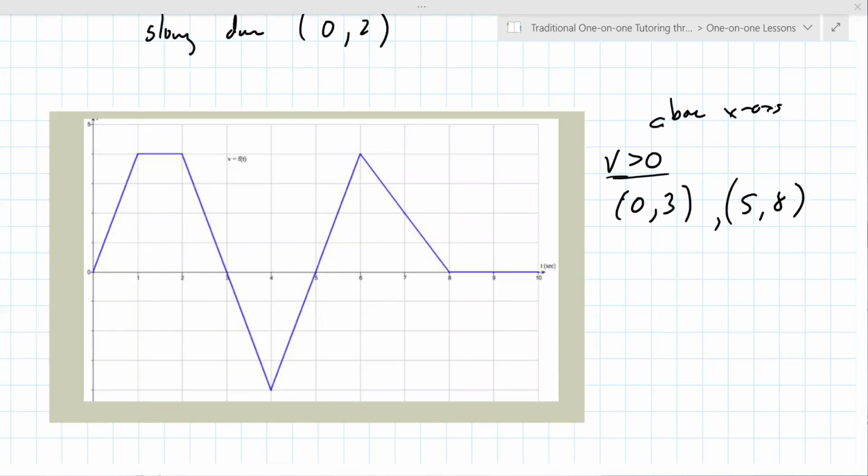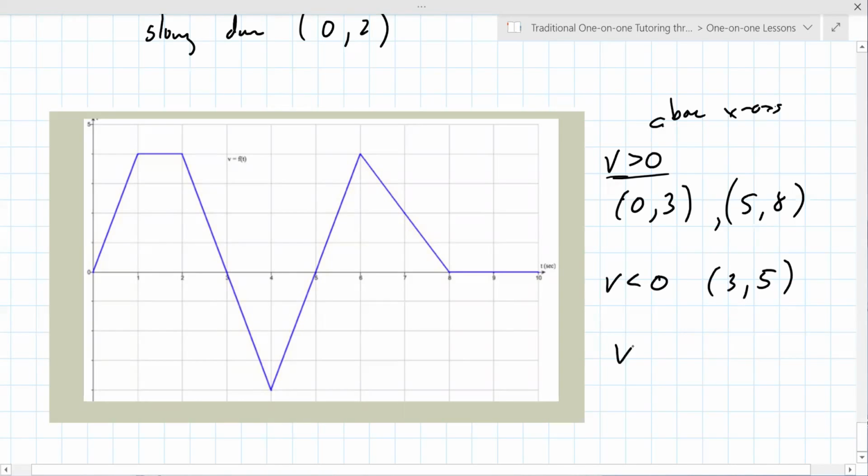So then when V is less than 0, it's 3 to 5 and that's it. That's where it's moving backwards. And where is velocity equal to 0? It's only here from 8 to 10 because it's actually on the x-axis.